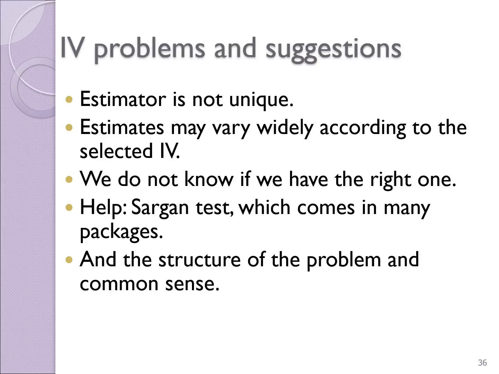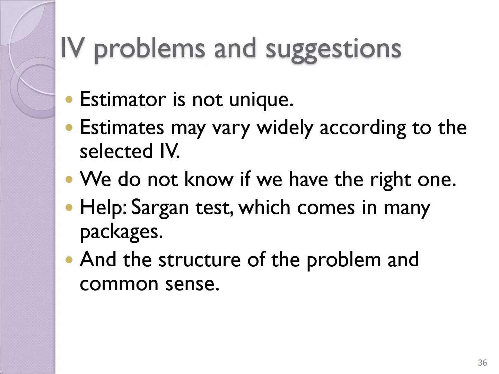Some problems with instrumental variables are that they are not unique, and the estimates may vary widely according to the selected instrumental variables, and we don't know exactly if we have the right instrumental variables.